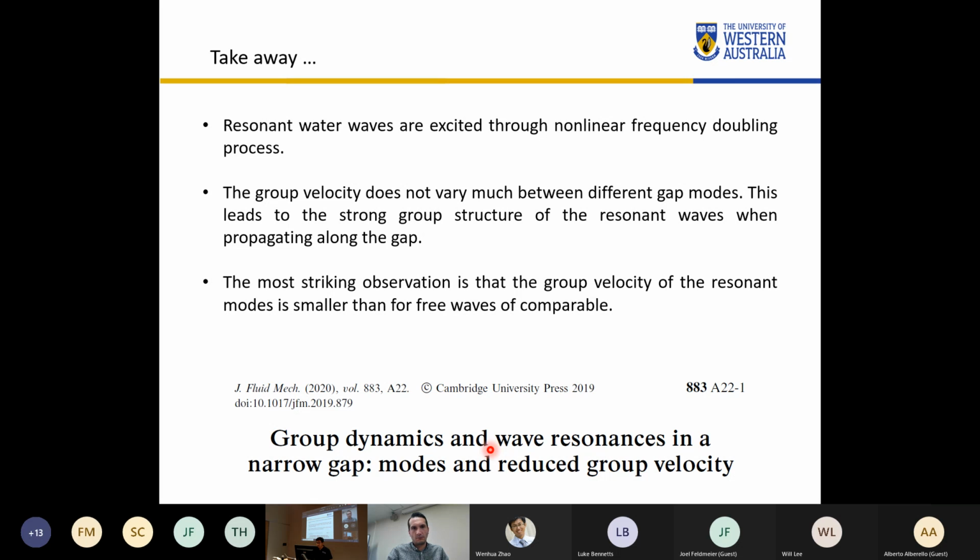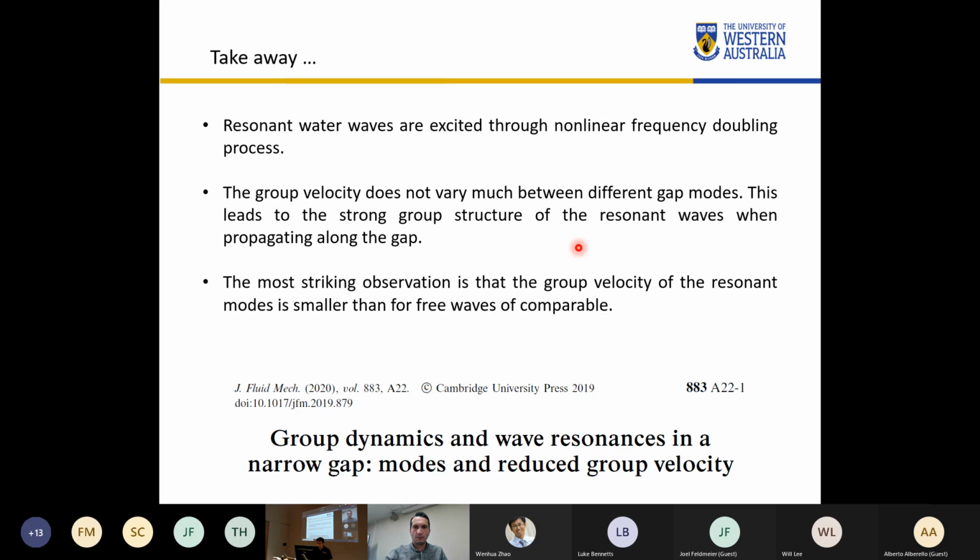Due to the resonant responses of the water waves inside of the gap, the group velocity associated with the resonance mode does not vary much between the different modes, and this helps maintain the group structure of the waves. That's why we can see the very clear group structure propagating from one side to the other, or from the two ends towards the center, and the other way around.